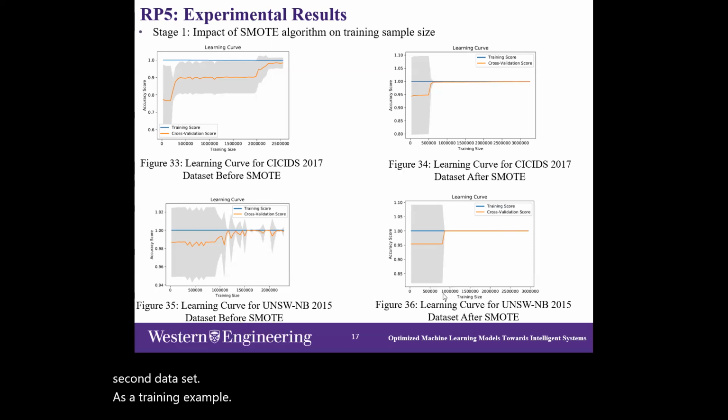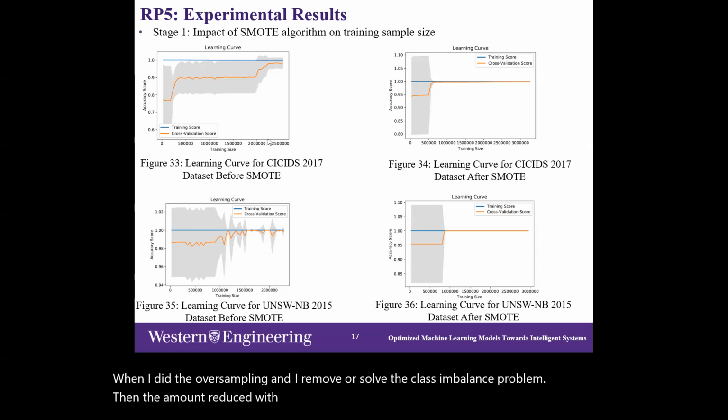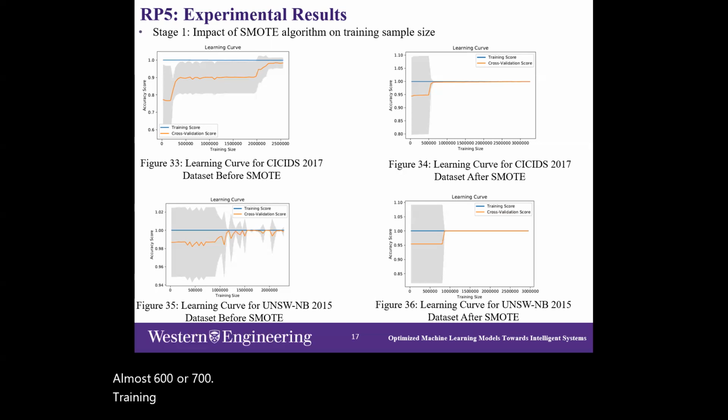After SMOTE, see what SMOTE did. When I did the oversampling and solved the class imbalance problem, the amount reduced for this data set from 2.3 million to almost 600 or 700,000 training samples required.